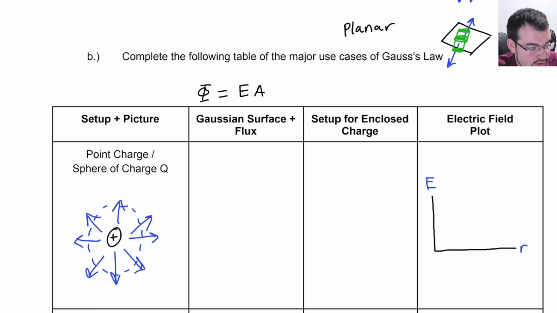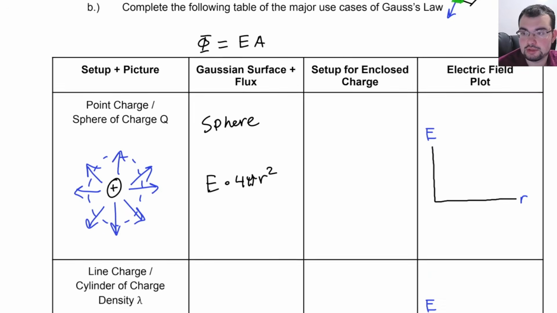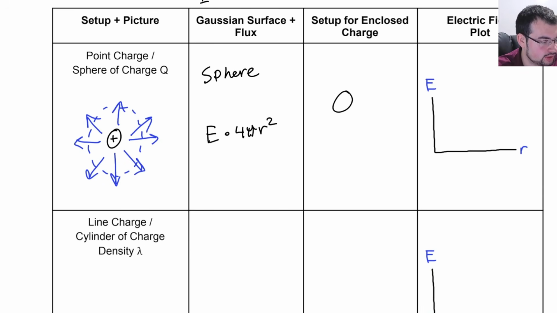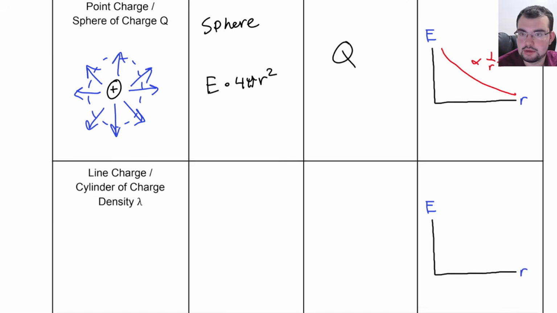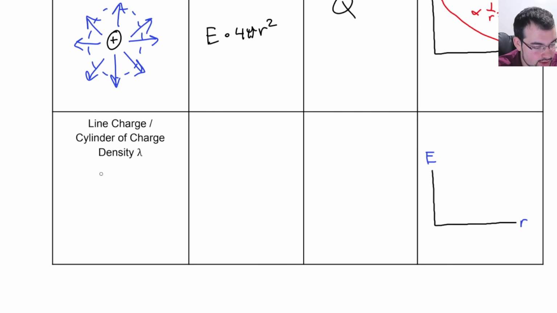So for a sphere, we're a point charge, we're drawing a sphere, and the flux is E times area of a sphere, 4 pi r squared. What's the enclosed charge? Super easy. You just count. It's Q. So what's the field plot from that? Well, it's a point charge, KQ over R squared. So 1 over R squared.